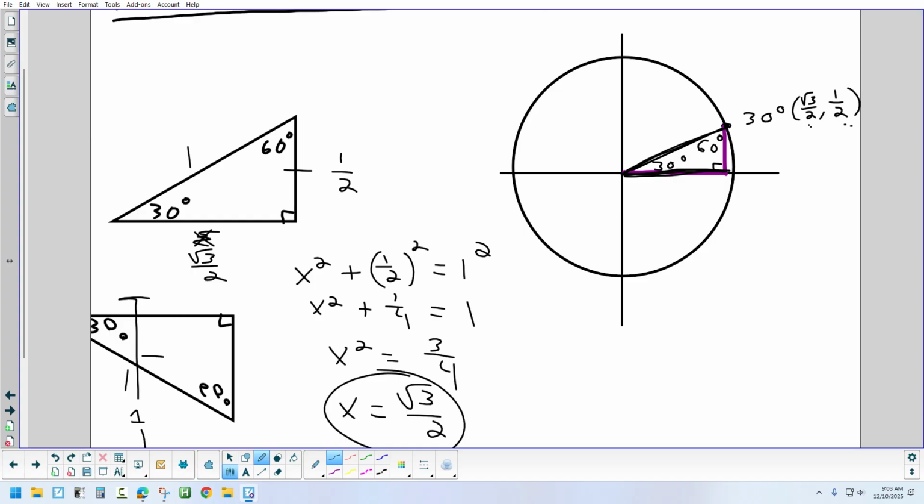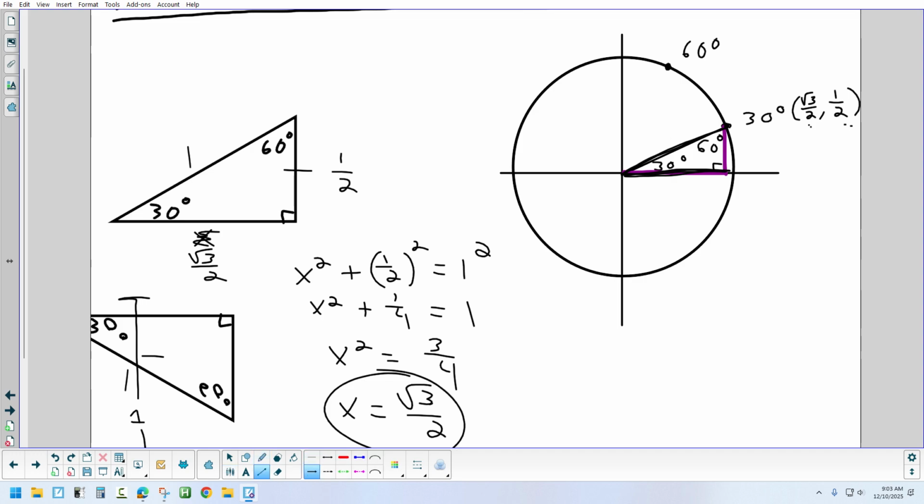So the side across from the 30 has to be the smaller side because it's across from the smaller angle. So root 3 over 2 is about 0.866. 1/2 is 0.5. So root 3 over 2 is definitely bigger. So we got the coordinate for the 30. Now we need the coordinate for the 60.